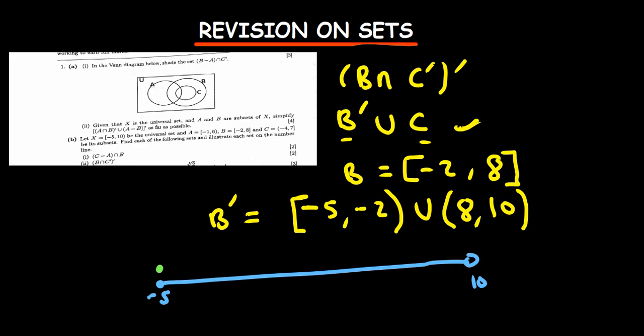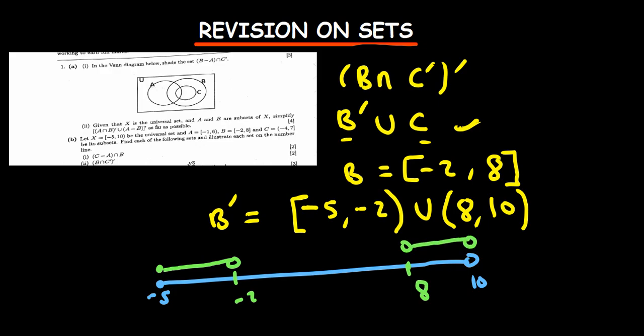Let's say -2 is somewhere here, just an approximation, so it is open there. Then union at 8, so 8 somewhere close here too, so it is open at 8 and open there. So this is my B complement.